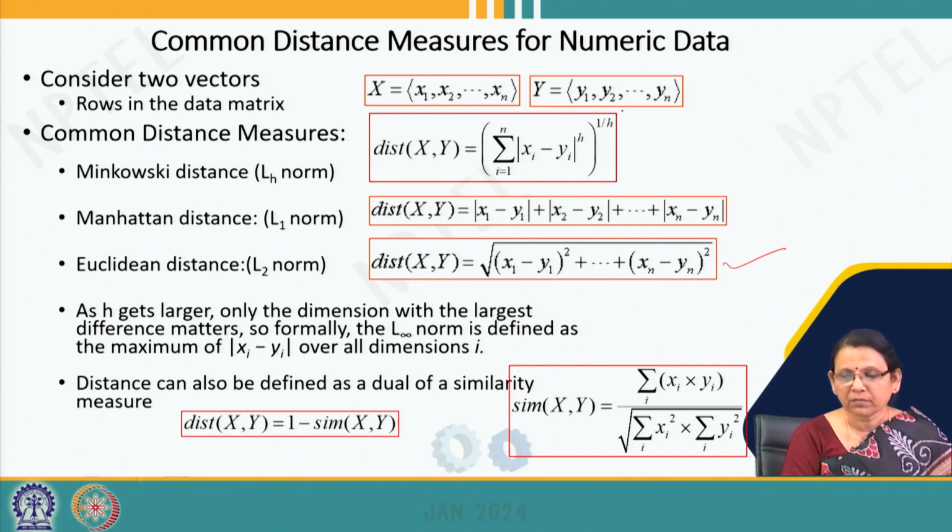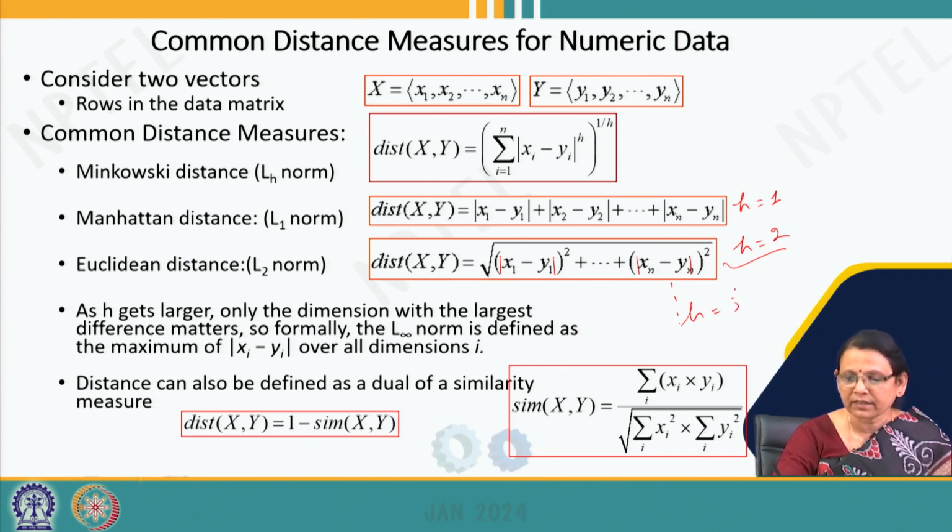In the case of the L1 norm, h becomes 1. So, essentially you sum them up without raising to any power. In the case of Euclidean distance, it is the same thing, because it is a square. Taking the mod is the same as squaring, because it is going to be positive anyway, and then take the root. So, here h is equal to 1, h is equal to 2, and likewise you can continue with h equal to 3 and so on.